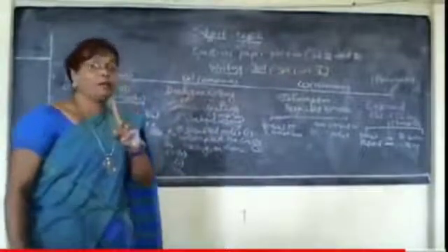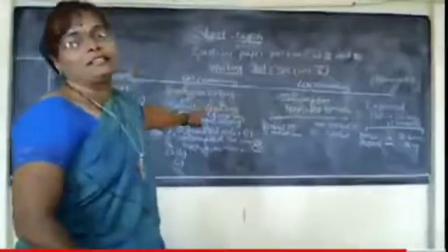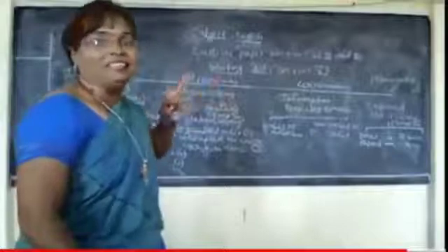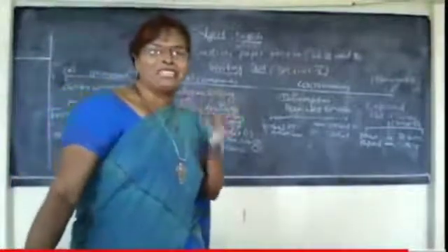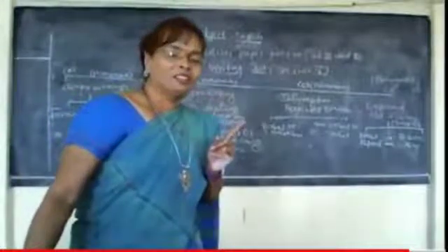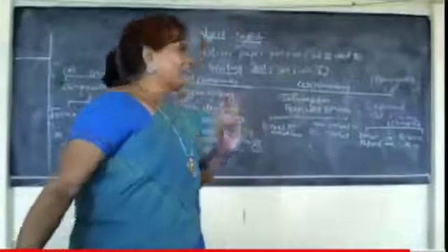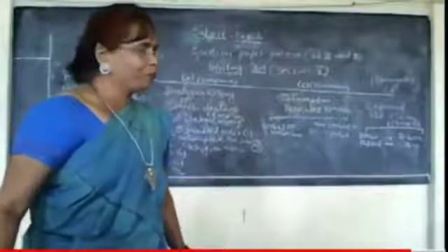One hour completely for this writing skill, because that is the testing of your imagination, the testing of your grammar skill, the testing of your sense of verbs and tenses, and above all, it is an interesting part of our question paper.